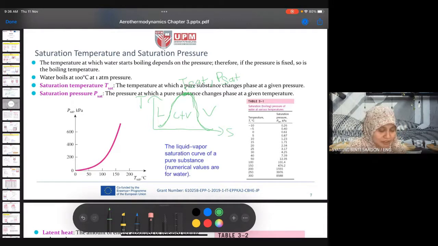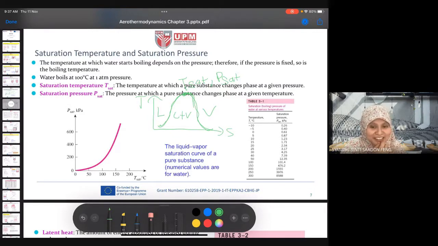We start to change to saturated vapor. So for now, you just understand that saturation temperature and saturation pressure is the kind of maximum value of temperature and pressure that the water or the substance will reach.